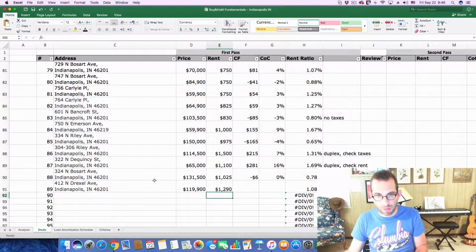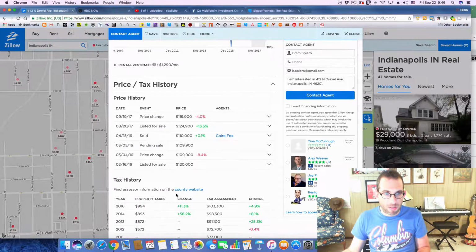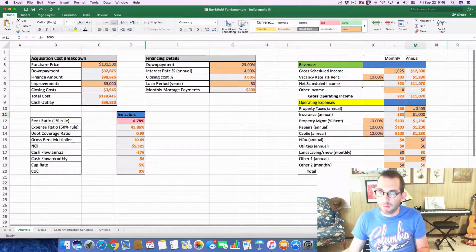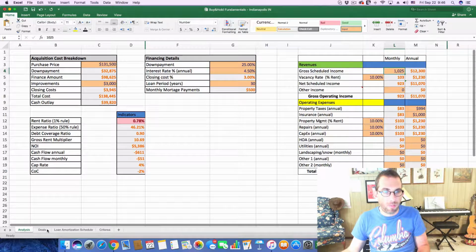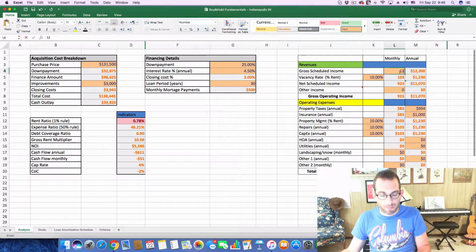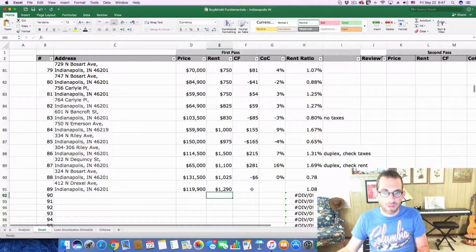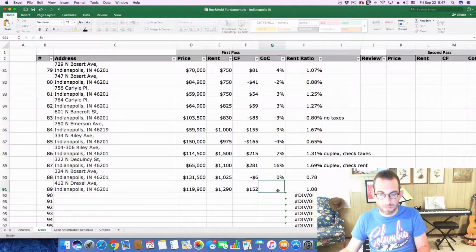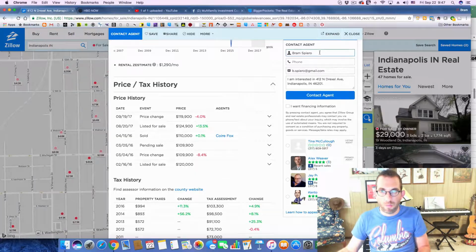Why is that rent so much higher? And is that true? 994. Start with that 994. And then I can't remember what that was. 1290. 1290. And what was that? Where's that guy? Just over 152, but just 5%. Okay, on we go.